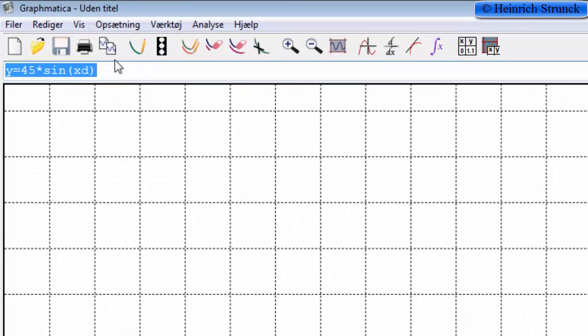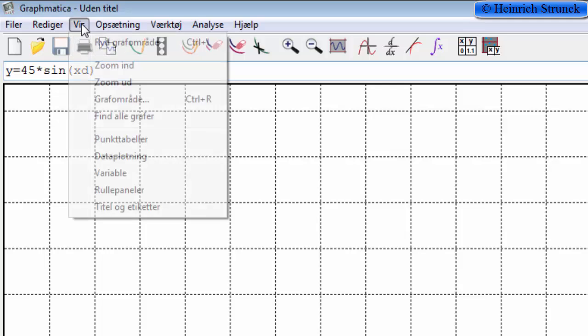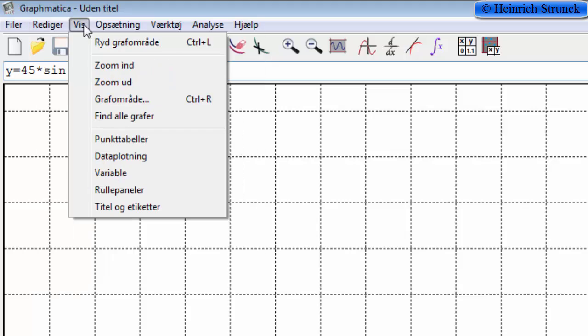Here I have a Danish version, but you can see which column you are in, and in the English version you can just choose the third column, and then number 4 in the row. I think it's called graph area. In the Danish version you can also press Ctrl plus R.